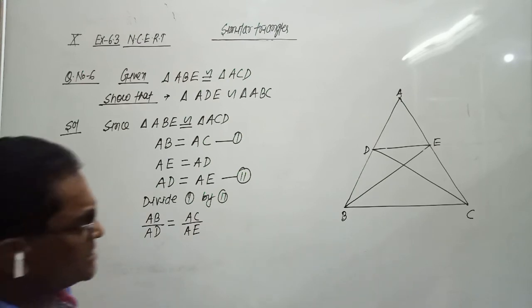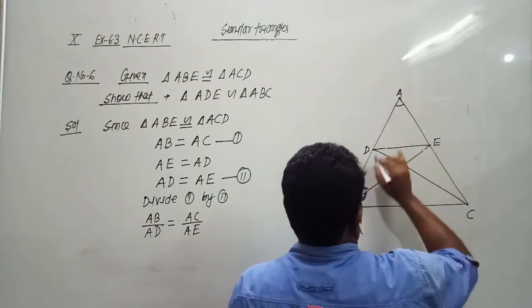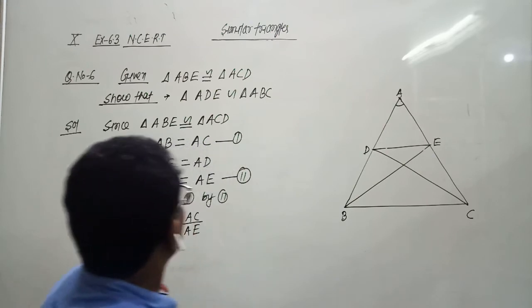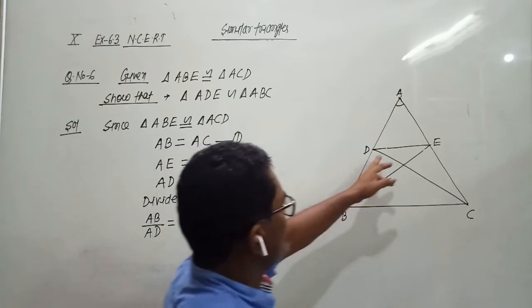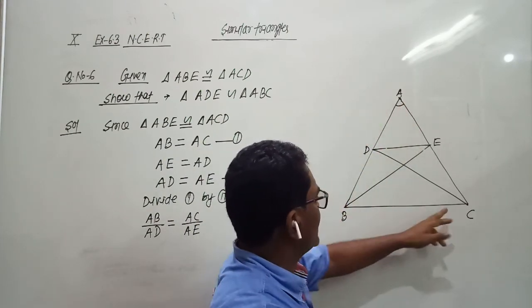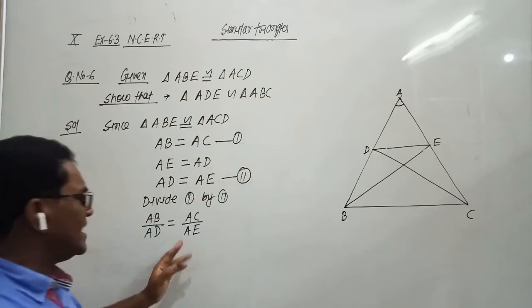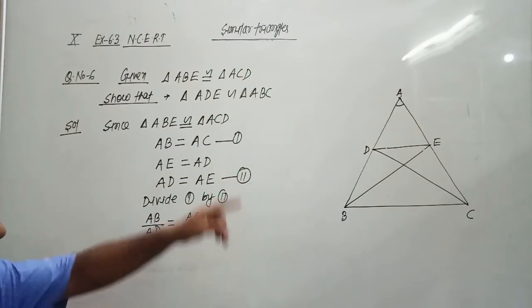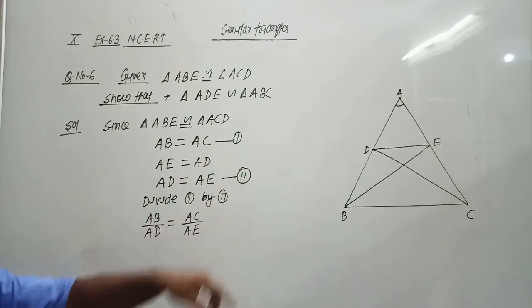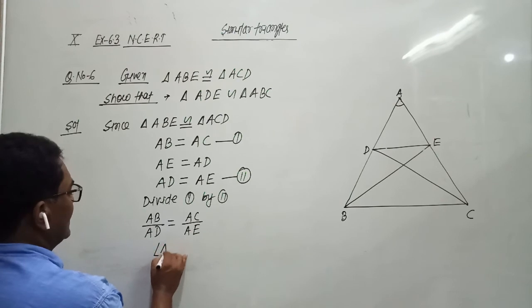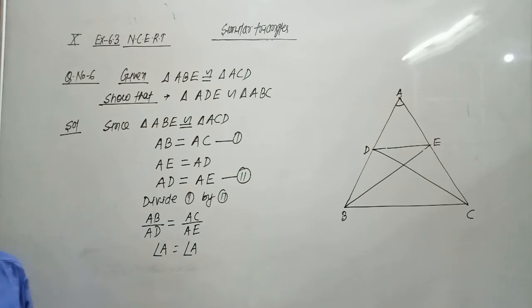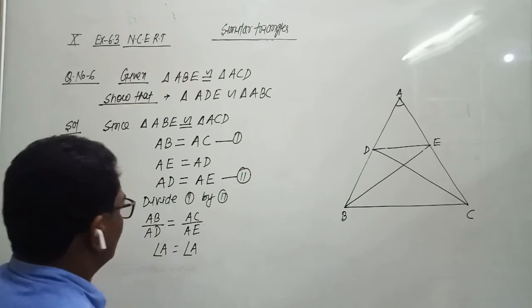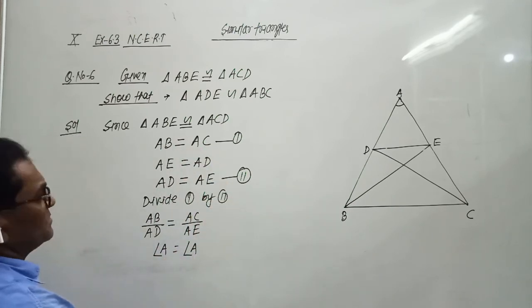And angle A is common for both the triangles: in triangle ADE there is angle A, and in triangle ABC there is also angle A. So by SAS similarity criterion, these two triangles are similar.